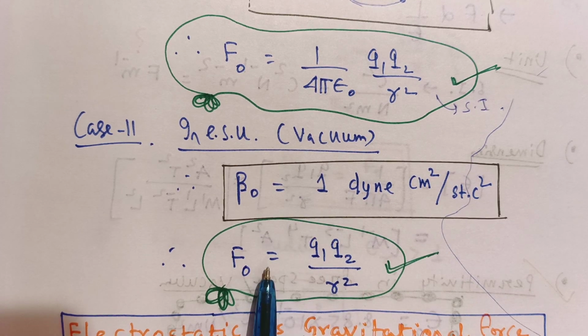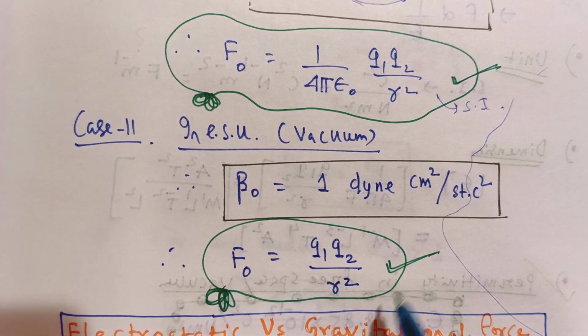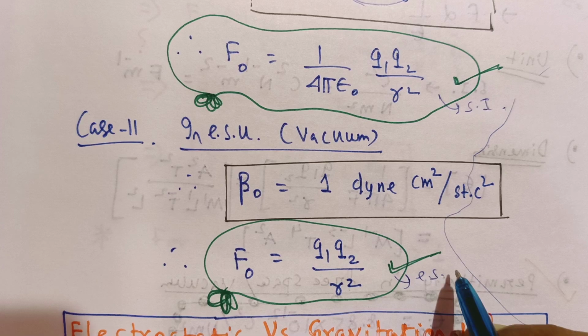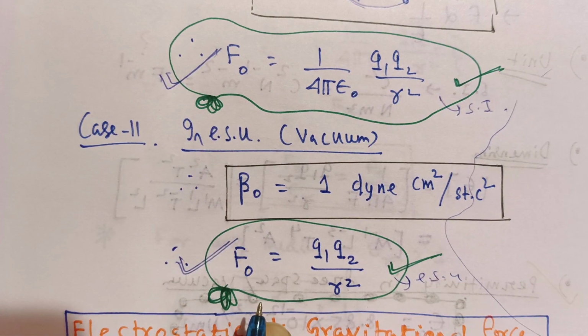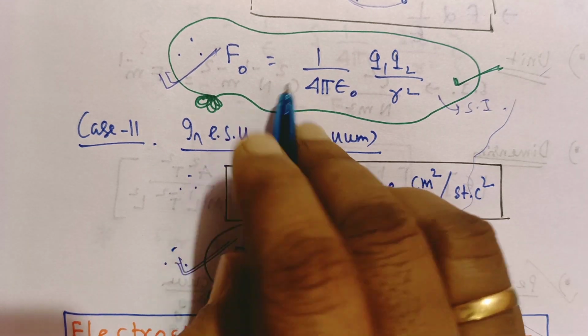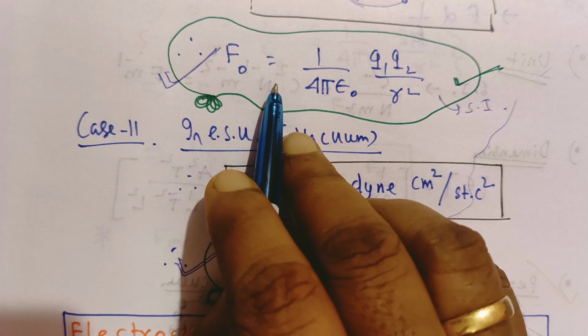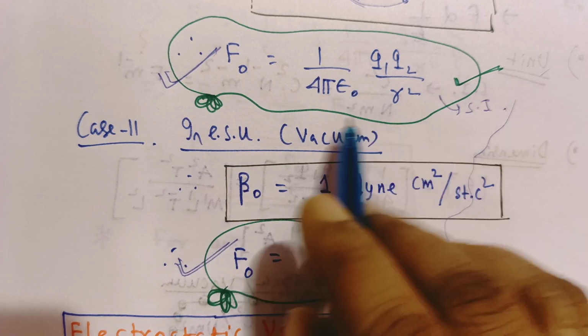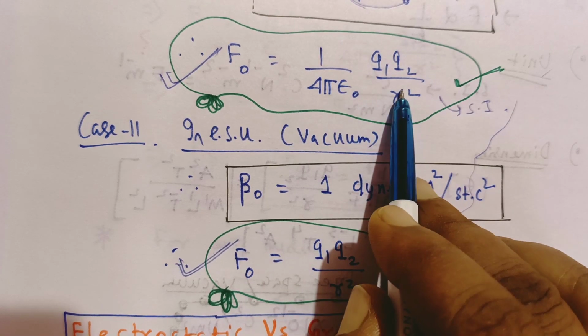So in CGS system the expression will be F is equal to Q1 into Q2 by R square in electrostatic unit. These two formulas are very important while doing the problems. Students always make a mistake, always using the same formula whether it is SI or CGS. But you should remember in SI notation we have to retain 1 by 4 pi epsilon 0 Q1 into Q2 by R square.